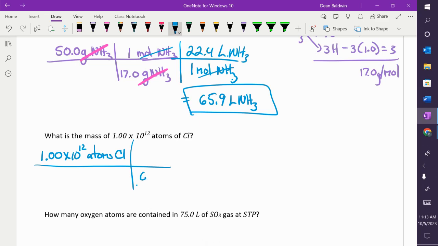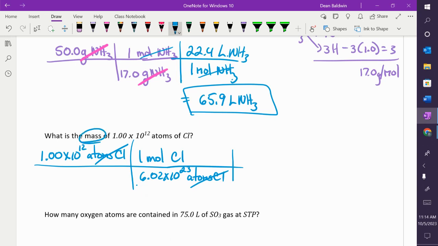So that means there are 6.02 times 10 to the 23 atoms of Cl in 1 mole of Cl. Atoms cancel. Now I have moles of chlorine. I'm trying to get from moles to, what am I trying to figure out?